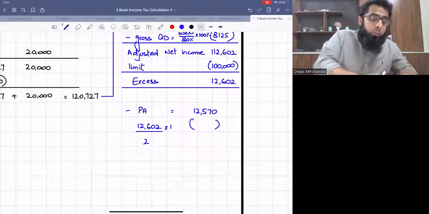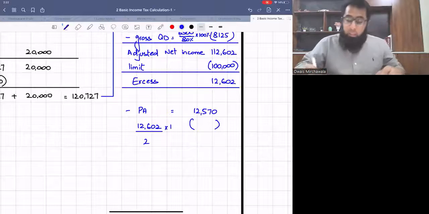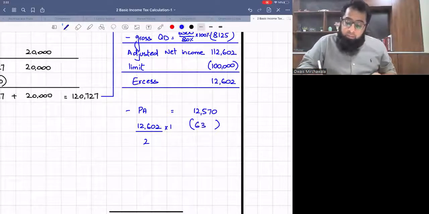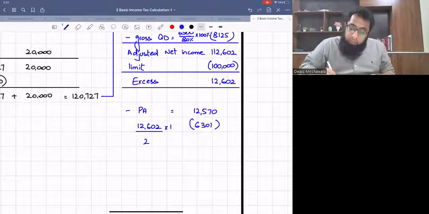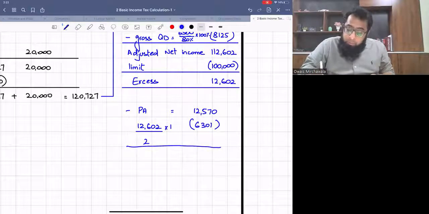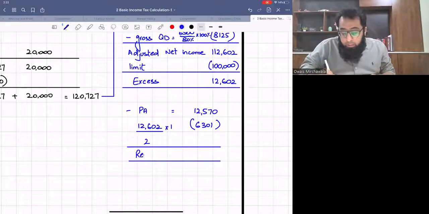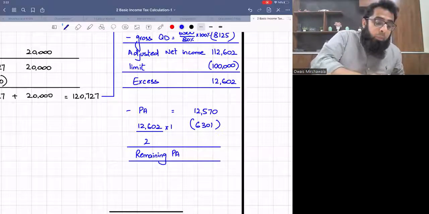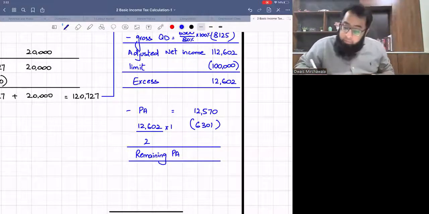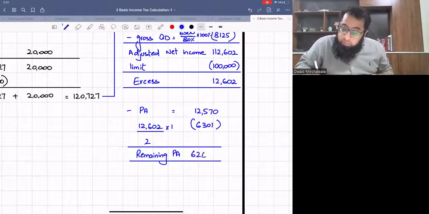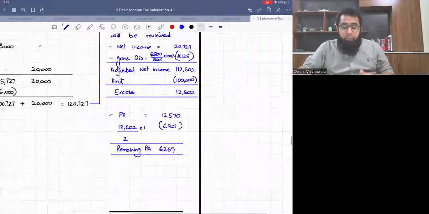So 12,602 divided by 2 into 1, 6,301. Our remaining personal allowance will be, I will repeat it, so no need to worry about it. Just listen to me carefully. 6,301 minus 12,570. So this gives me 6,269.